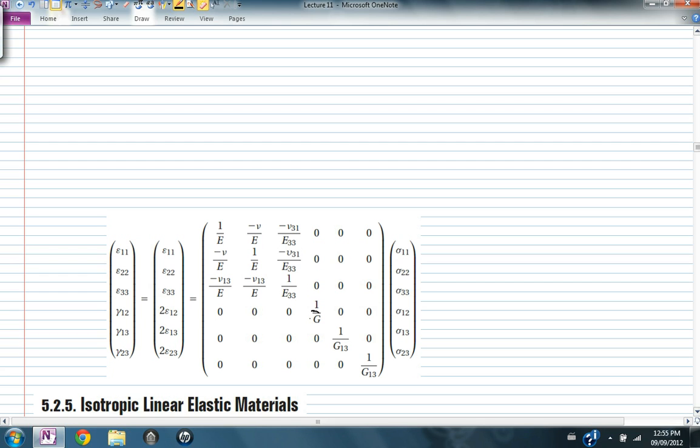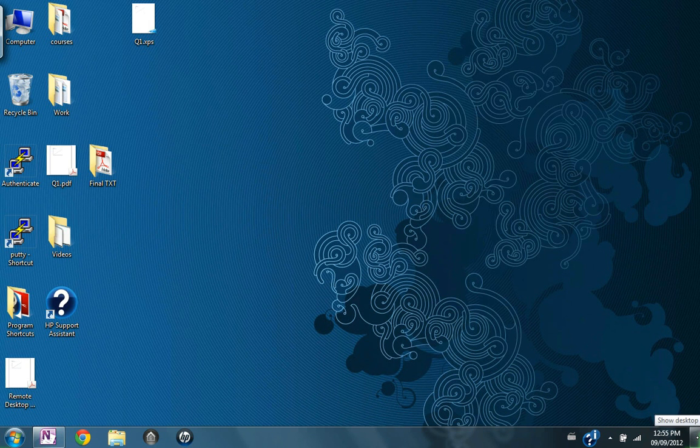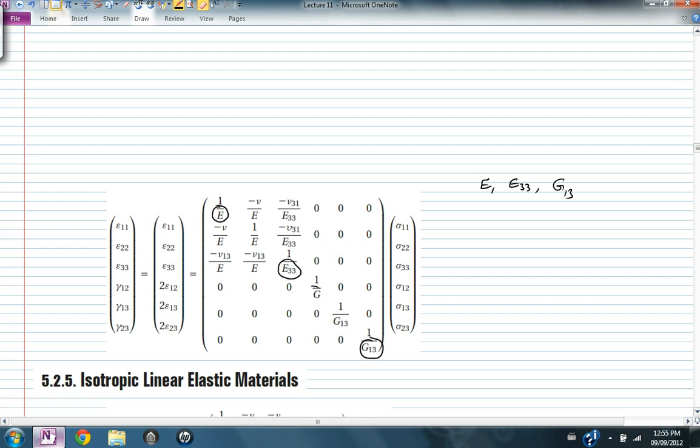One Young's modulus in the plane of isotropy, the Young's modulus in the different direction, E33 in the third direction, G13, which is the shear modulus that relates the shear deformation in the plane made out of directions 1 and 3, and also 2 and 3, because there's isotropy in 1 and 2, so G13 is equal to G23, and that's why we only need to calculate one of them.